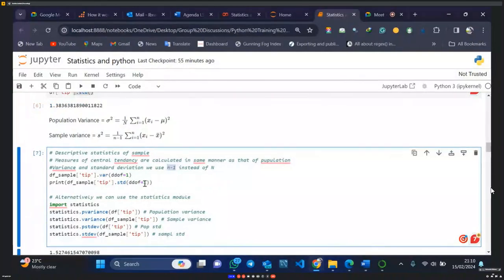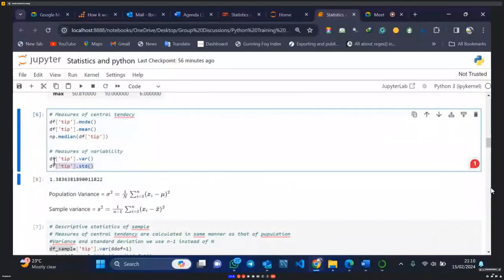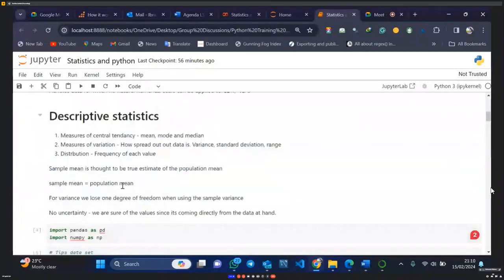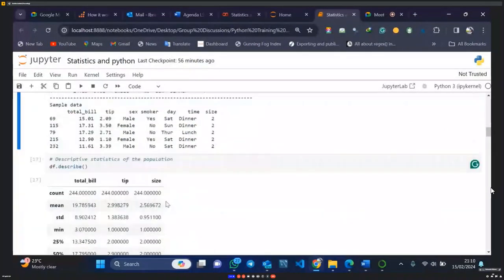That is why 1 has been used in these two, because here is a sample that we are using, the DF sample here, and also here is a sample. That's why they are not appearing here, because here the DF is the entire population from this .csv file. And then the sample is picked from here and stored in a variable known as df.sample.